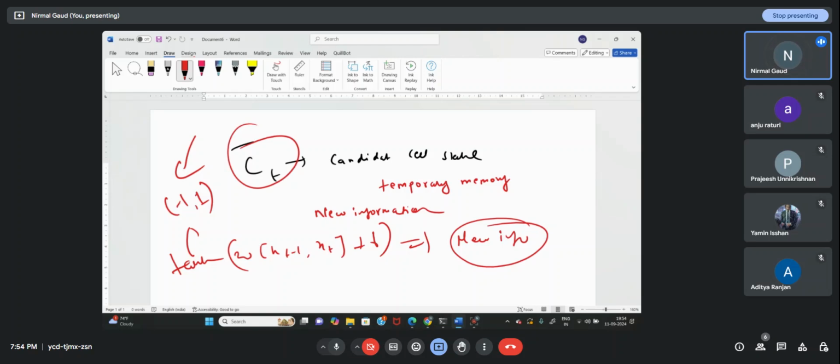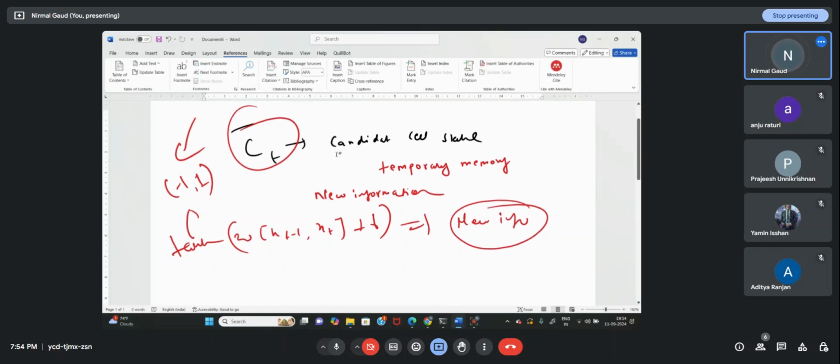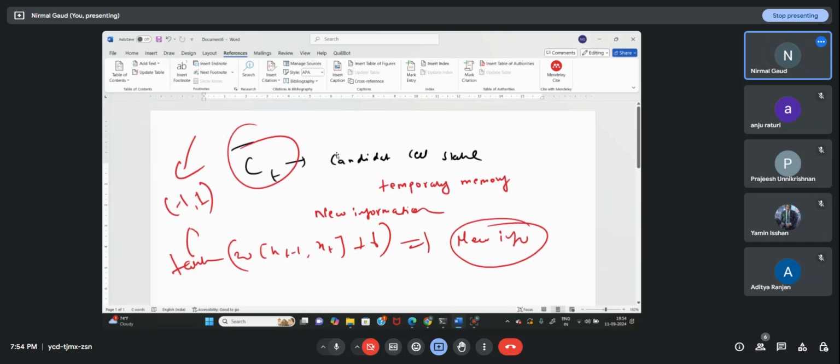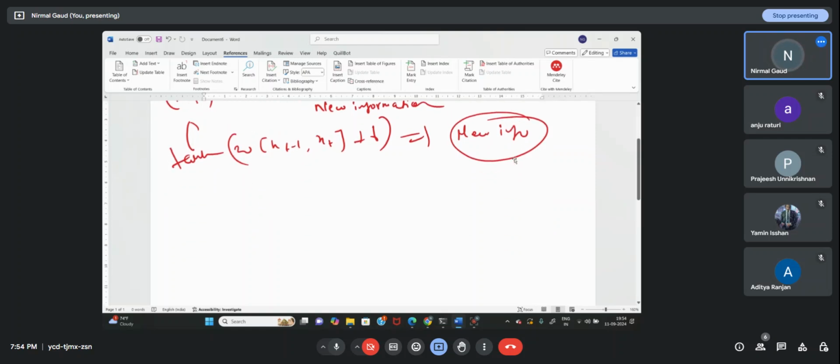But the final update will be when I also have the older information. So here I got the candidate cell state. I multiply it with it, into this thing, plus the one which is coming from the forget gate, that is ft into ct minus 1.